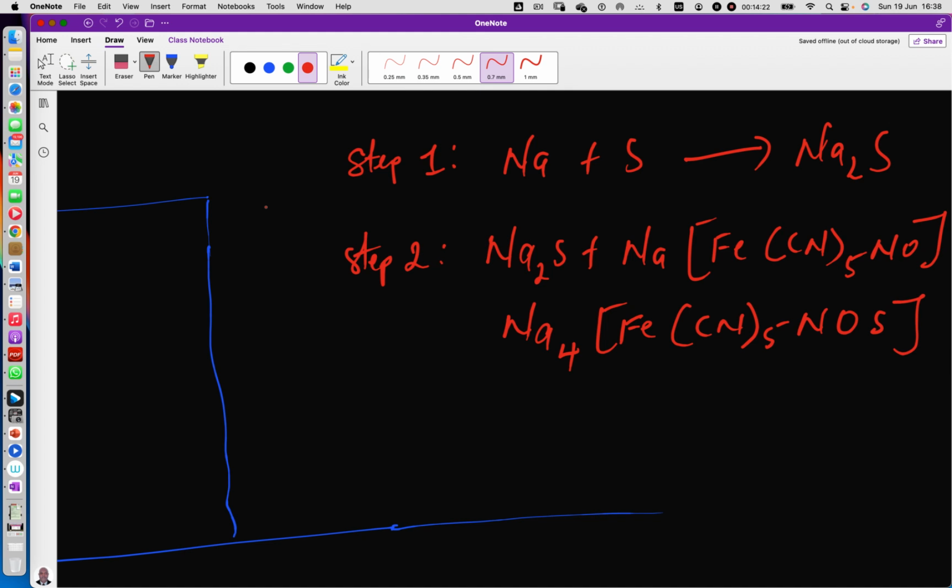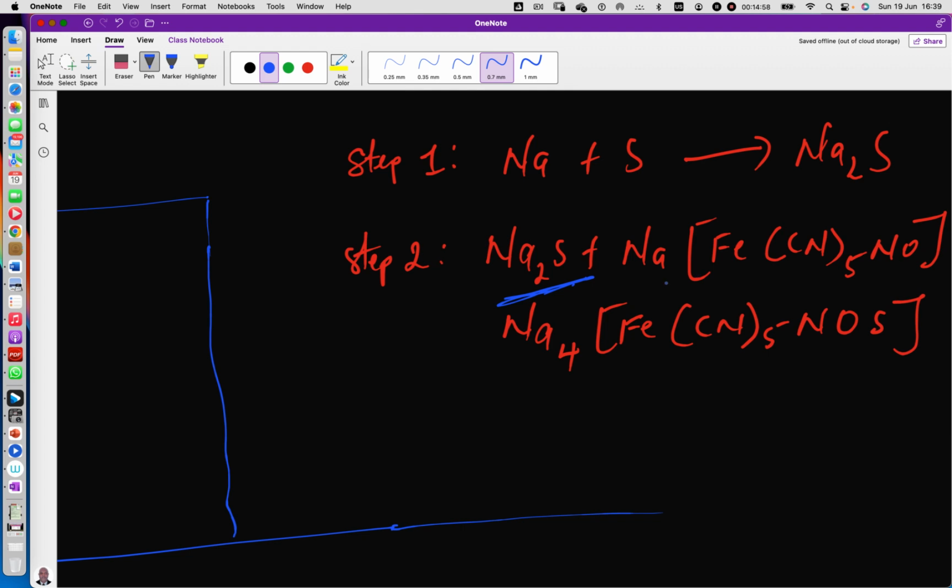So now sodium fusion is converted to sodium sulfide. This is the sodium fusion, which is now converted to sodium sulfide. Then the sulfide ions here are identified by using sodium nitroprusside.